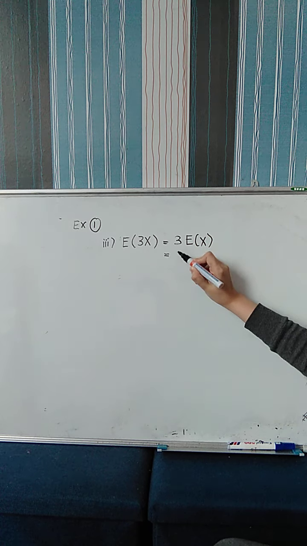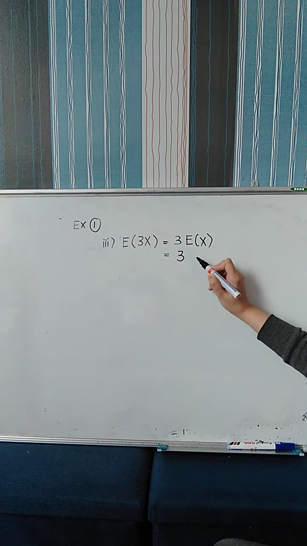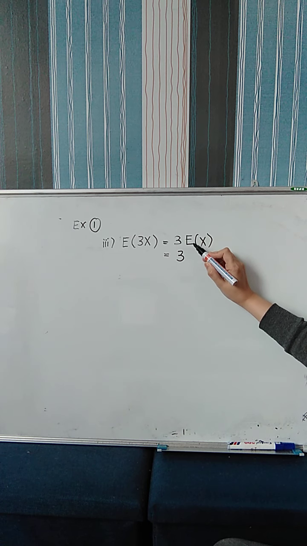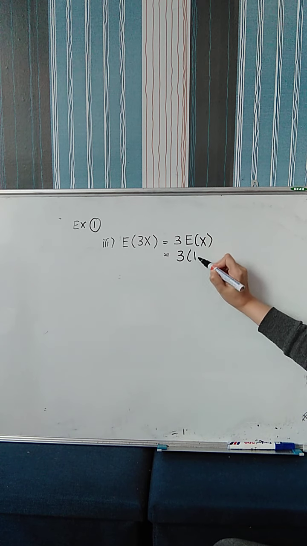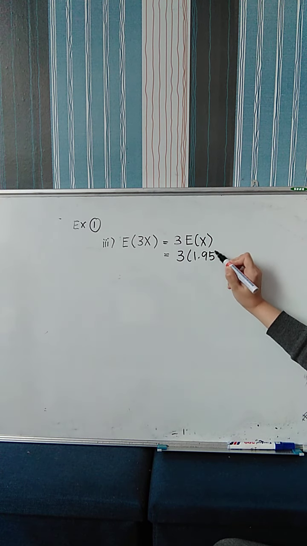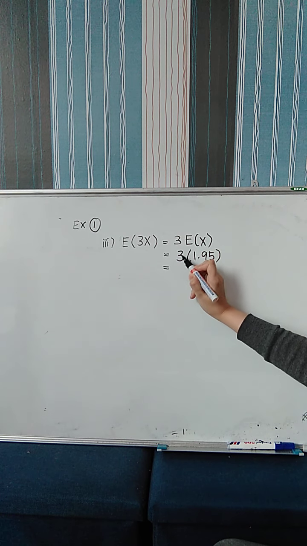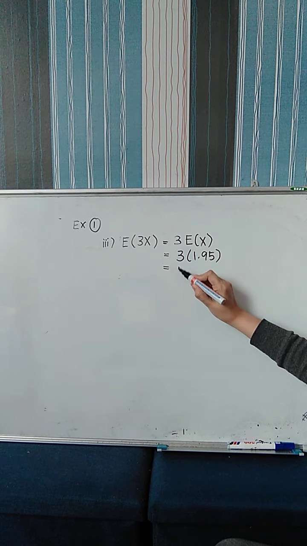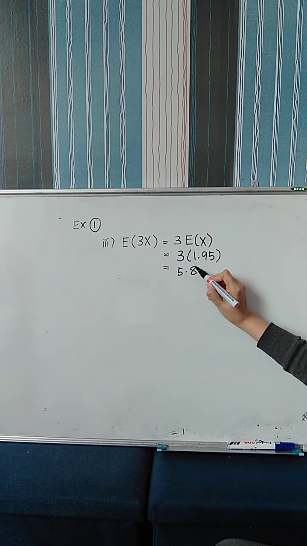So 3 times expected x, from the answer in number 1, expected x is 1.95. Just substitute the value. So 3 times 1.95, the final answer is 5.85.